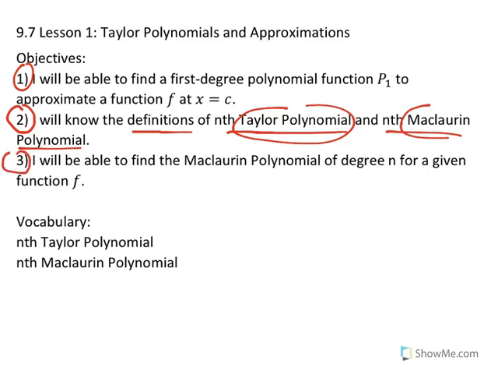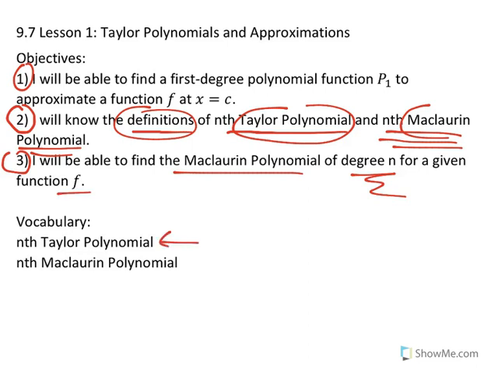And then we looked at a particular example in which we used these definitions, especially the definition of an nth degree Maclaurin polynomial, to find a Maclaurin polynomial of degree 4 for a given function f. And the vocabulary in our lesson was nth Taylor polynomial and nth Maclaurin polynomial.